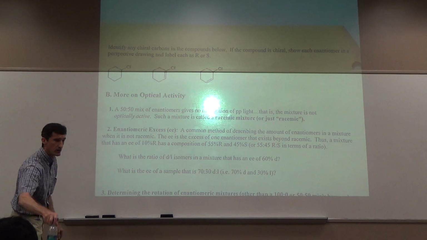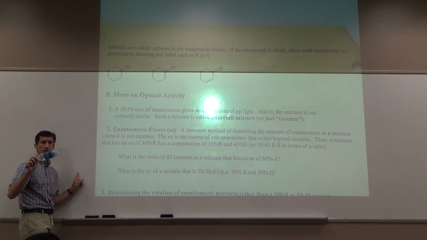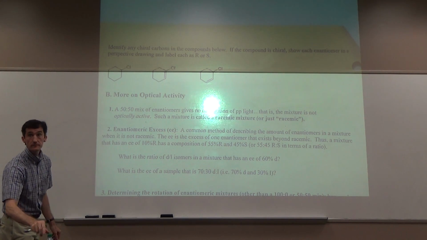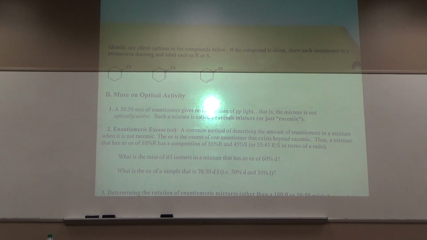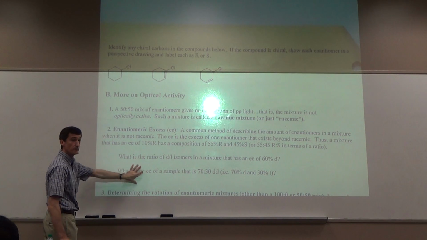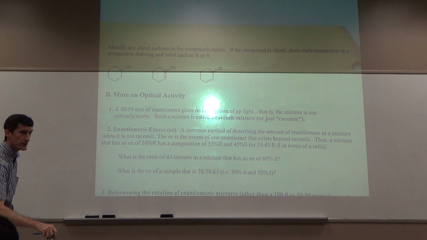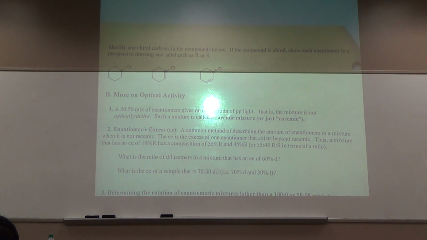If this was all R-2-butanol, which way would it rotate? Let's look at 2-butanol. We put the numbers up. If this was all the R enantiomer, which way would it rotate? Left. Was R D? R was L. I'm sorry, no, I've got to keep it straight.